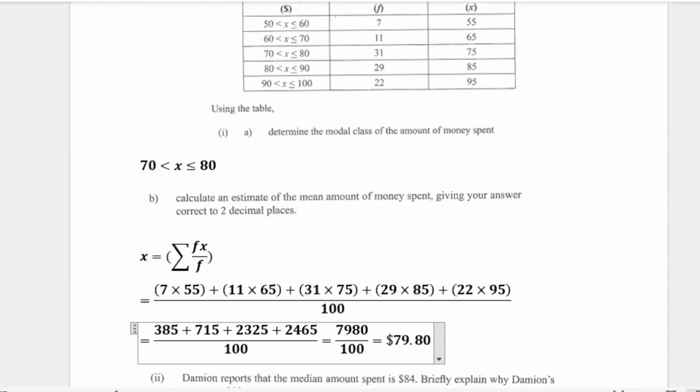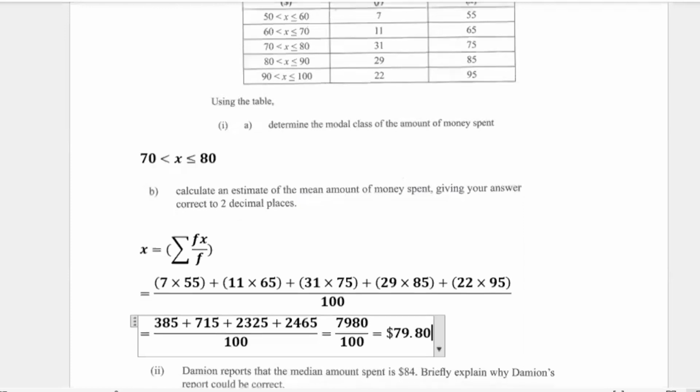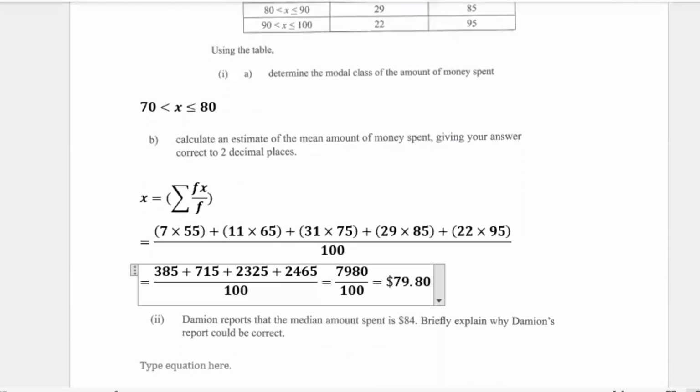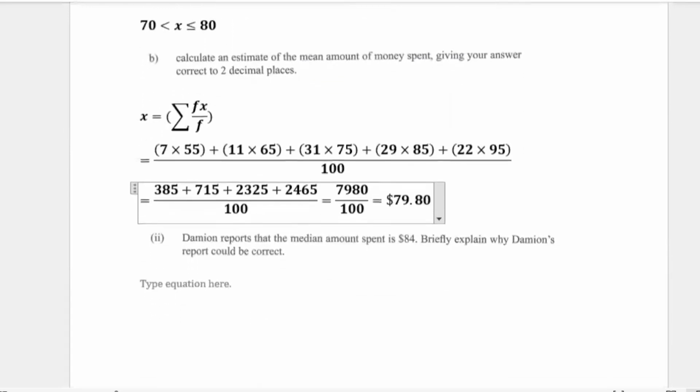So that is our formula, the sum of f of x over f. Any questions on this one?